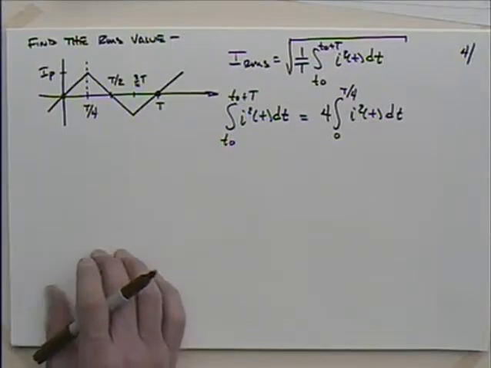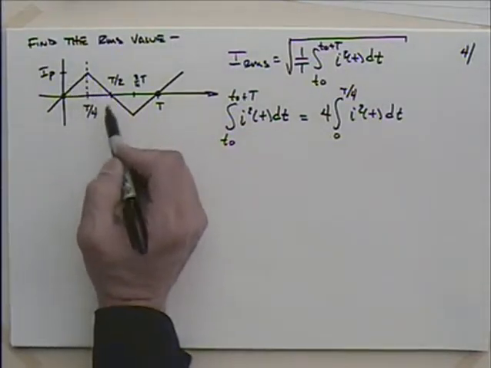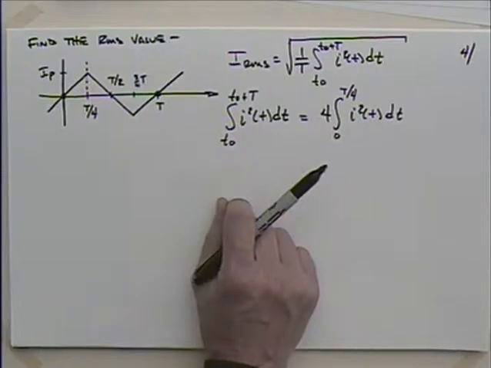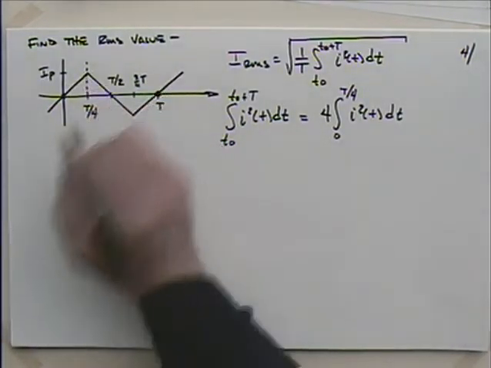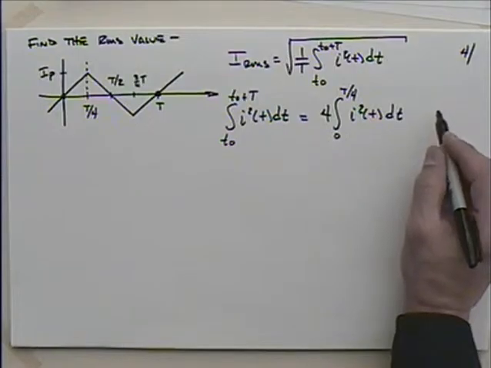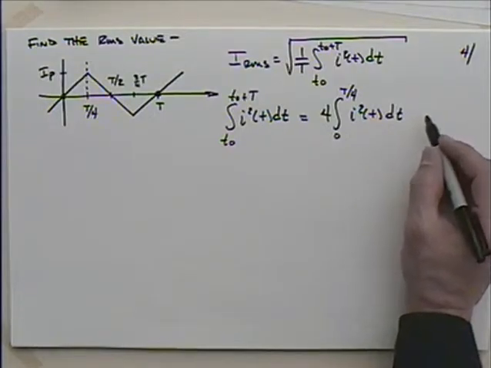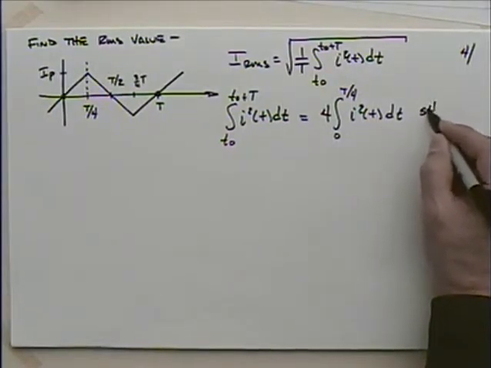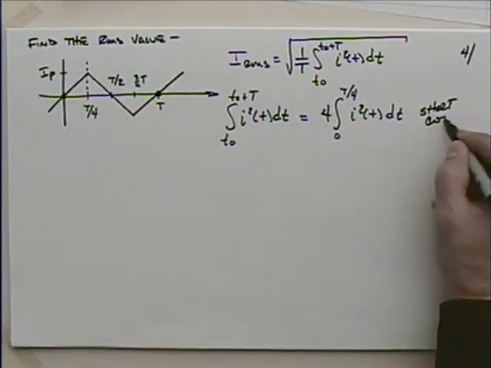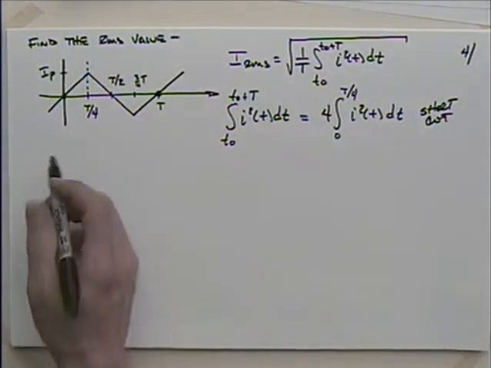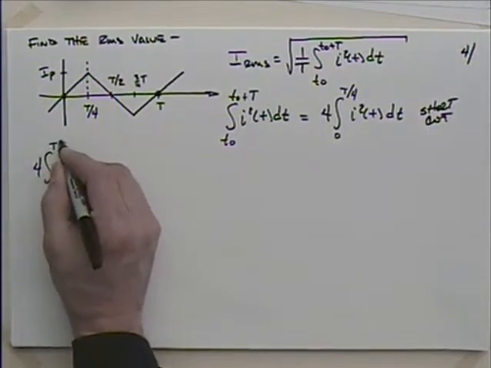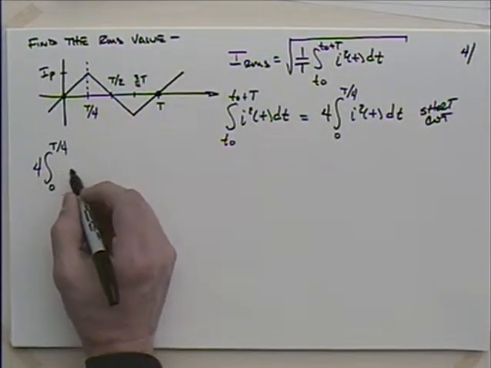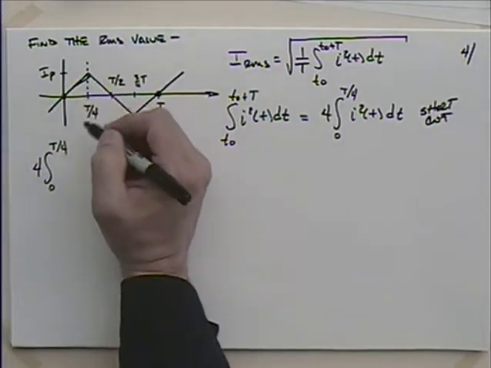And the reason for doing that is I don't want to have to do all 4 of these segments. So this should be a nice shortcut. If you don't like it, you could parameterize each one of those and break up the integral into, what, 3 pieces. But I'll use this as a shortcut. So I'm going to then find 4 times the integral from 0 to T over 4 of I. For this period, what is I?